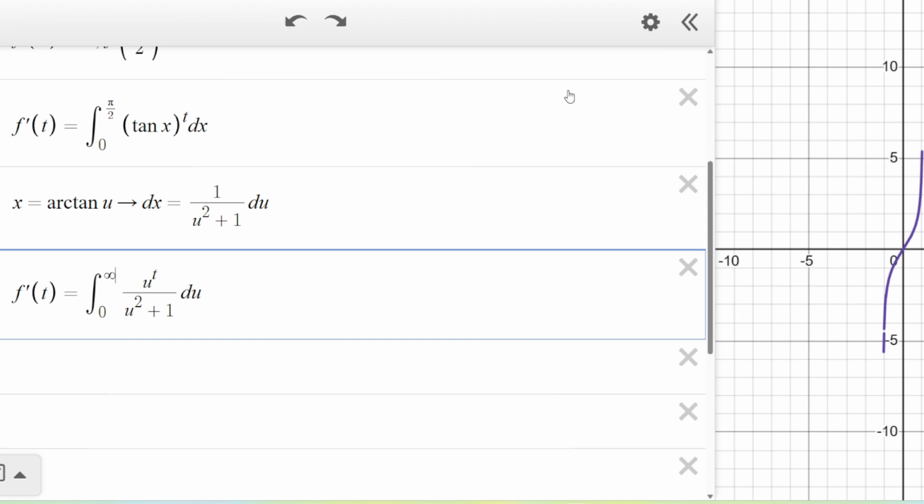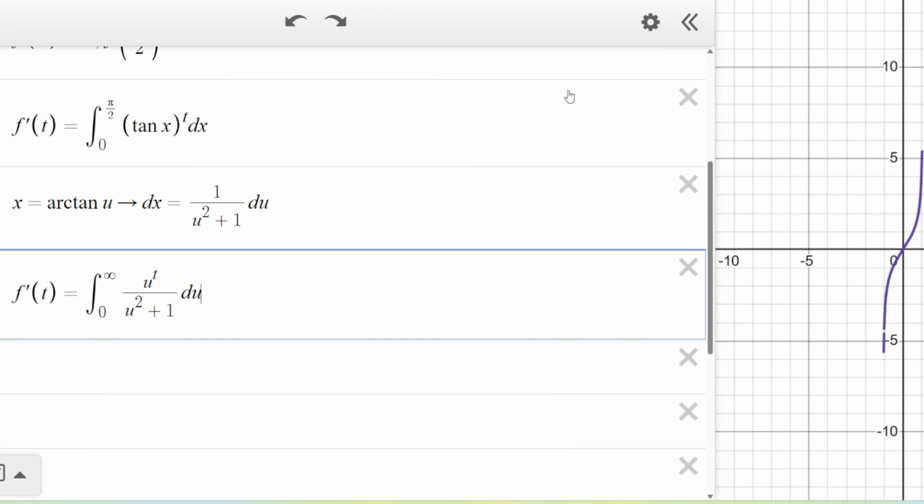Because if x is pi over 2, then that would imply arctangent of infinity. So our u would become infinity. And of course, arctangent 0 is 0. And then we just get u to the t over u squared plus 1 du.